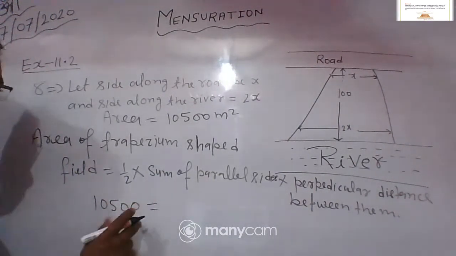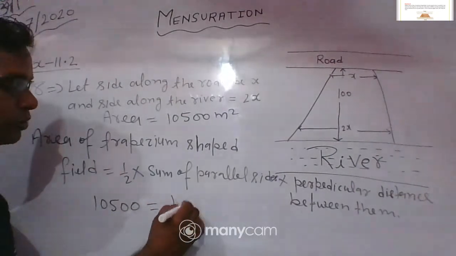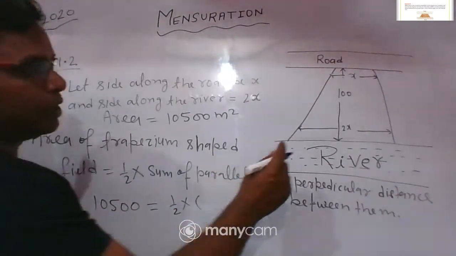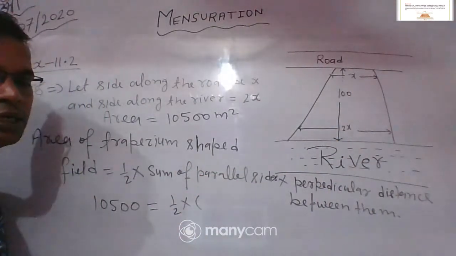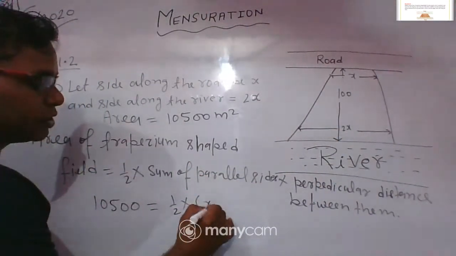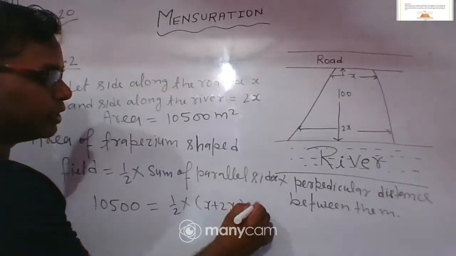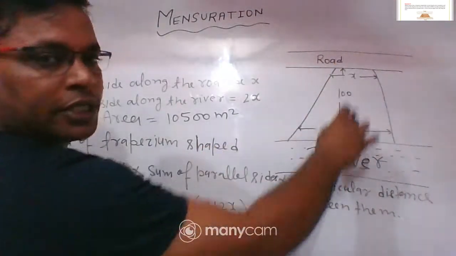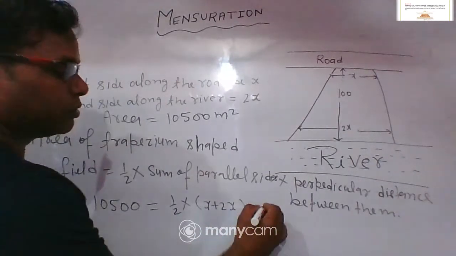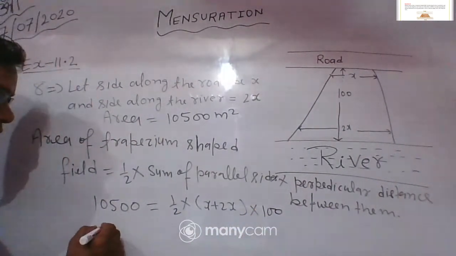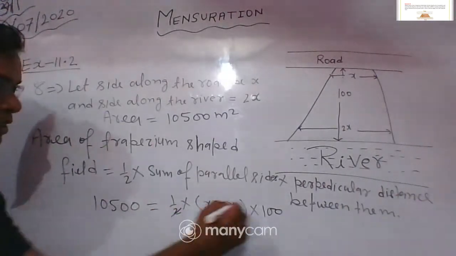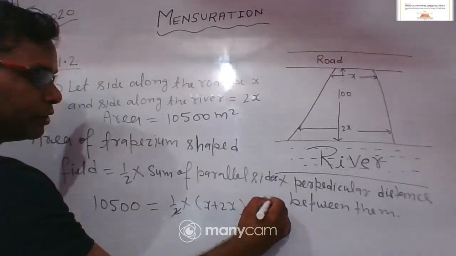This is the area of the trapezium. So 1 by 2 into the sum of parallel sides. Here one side is x, and this is 2x according to the question. So x plus 2x, and the distance between them is 100. This is given. If we cancel by this, we obtain here 50.